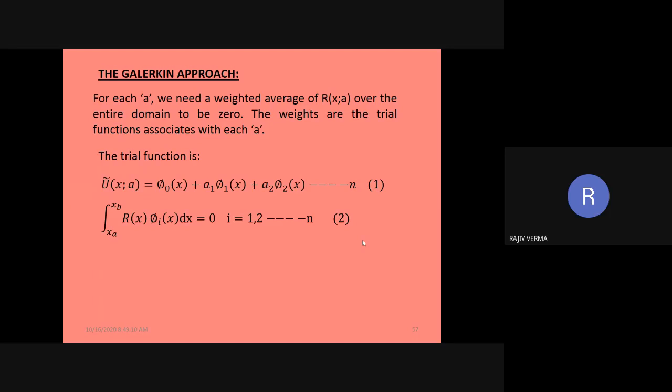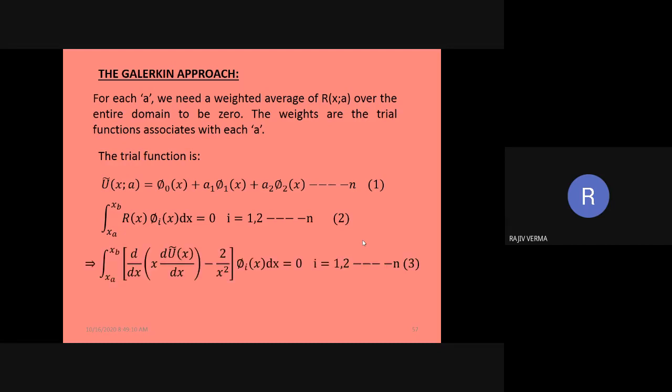And since I in phi I varies from 1 to n, this is going to give you n simultaneous equations which are supposed to be solved together to get the values of A1, A2 and so on. So this is the general approach of the Galerkin method.